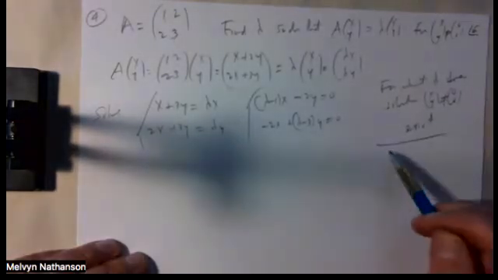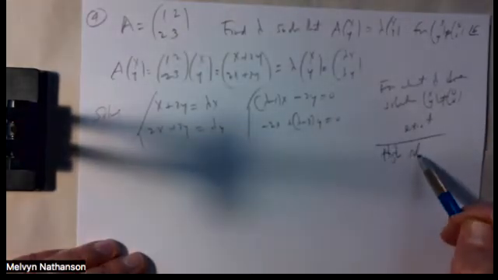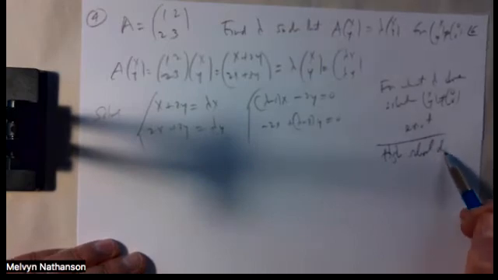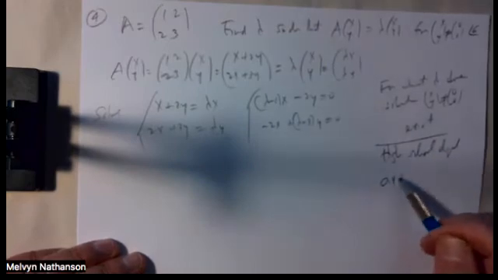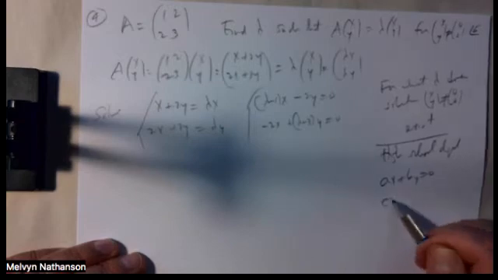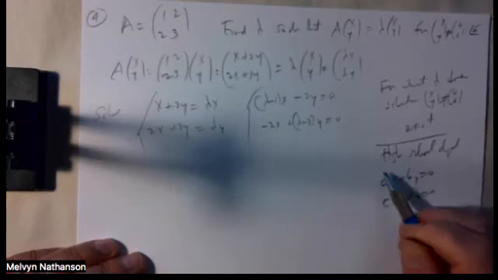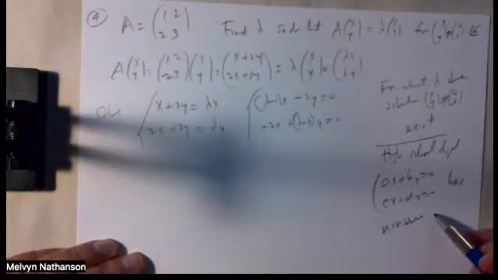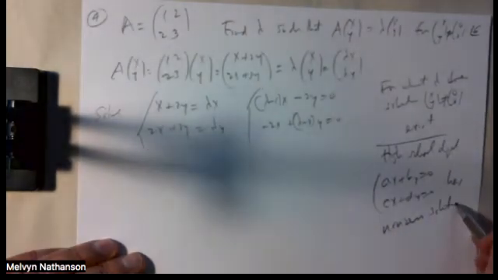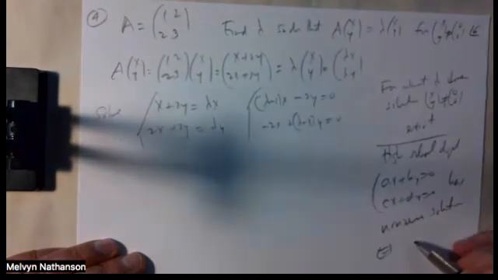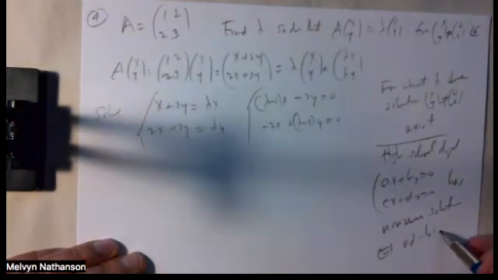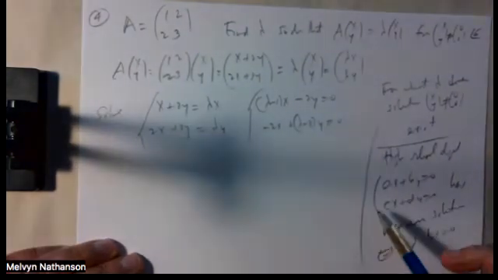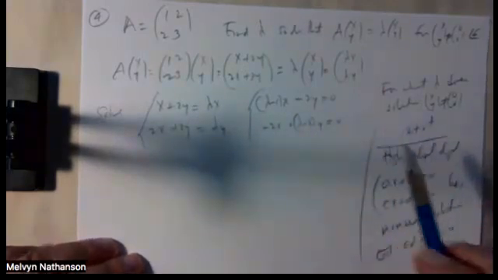So this is high school algebra. You have ax plus by equals 0 and cx plus dy equals 0. This has a non-zero solution, that is not both x and y are 0, if and only if AD minus BC is 0.